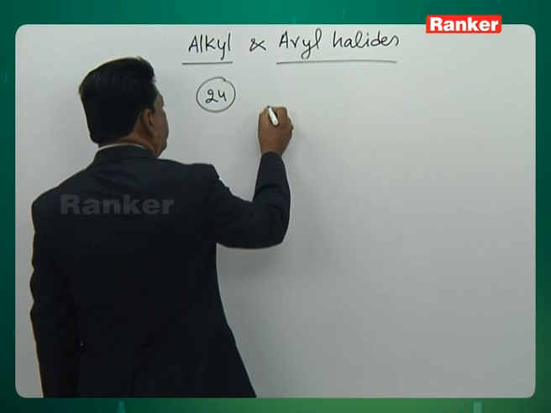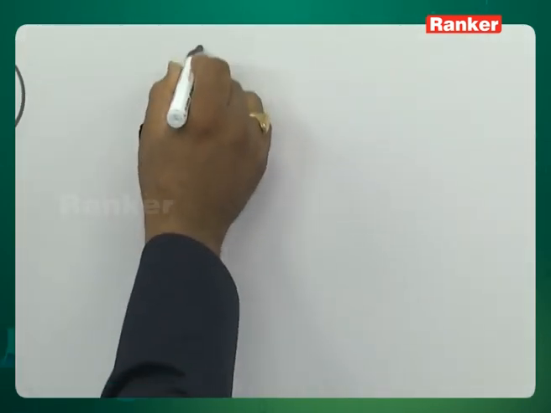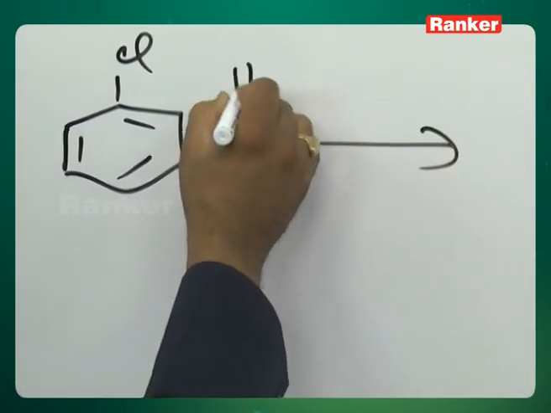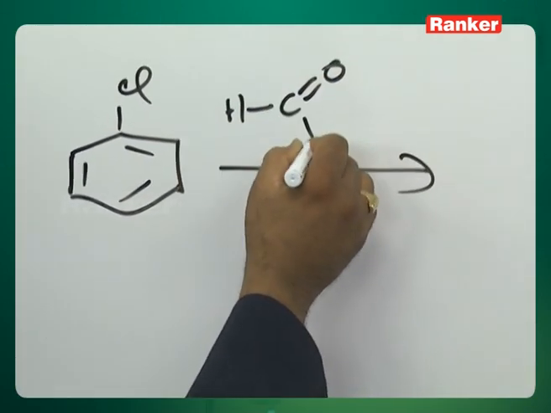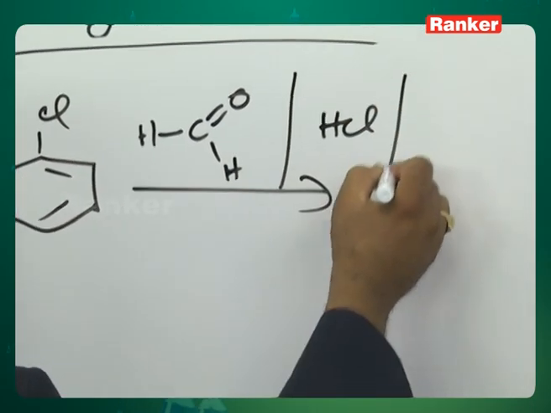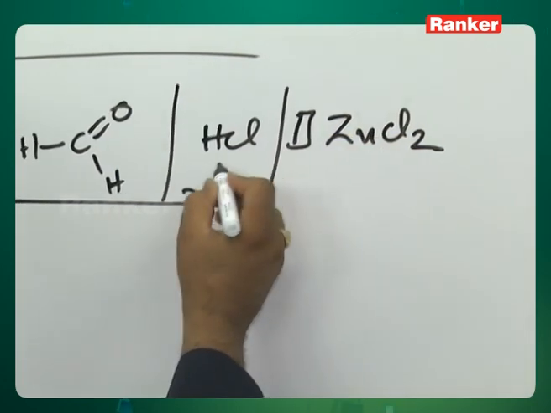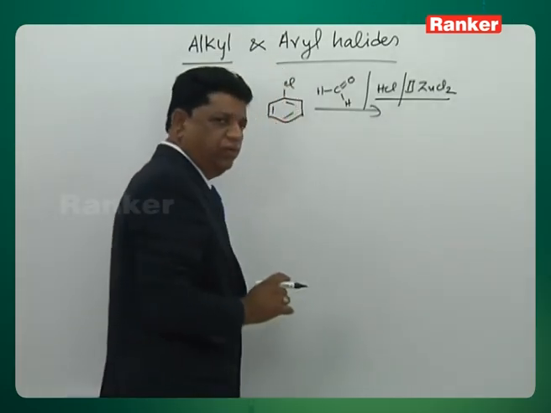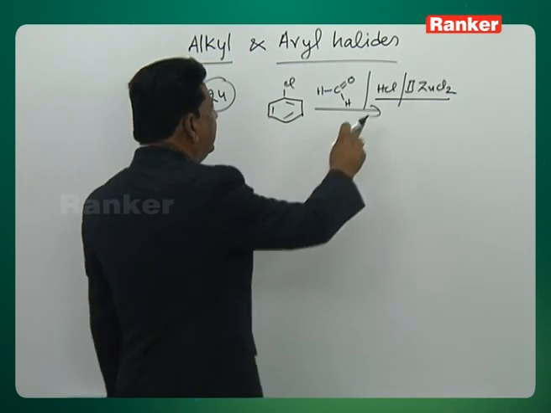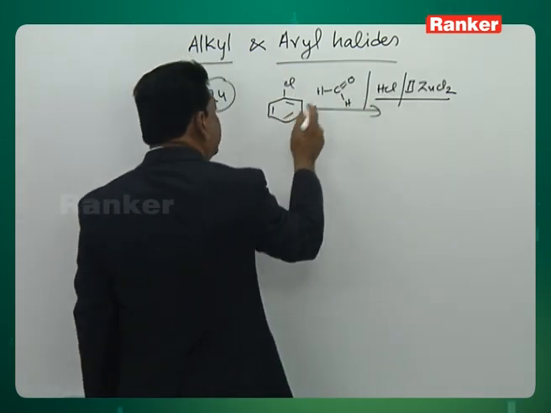Actually what happens when chlorine is already there, the reaction is with formaldehyde in presence of HCl and the anhydrous zinc chloride. Actually this is a combination of Lucas reagent, and HCl and this one will be forming a formyl chloride, and it will be attacking on the benzene.